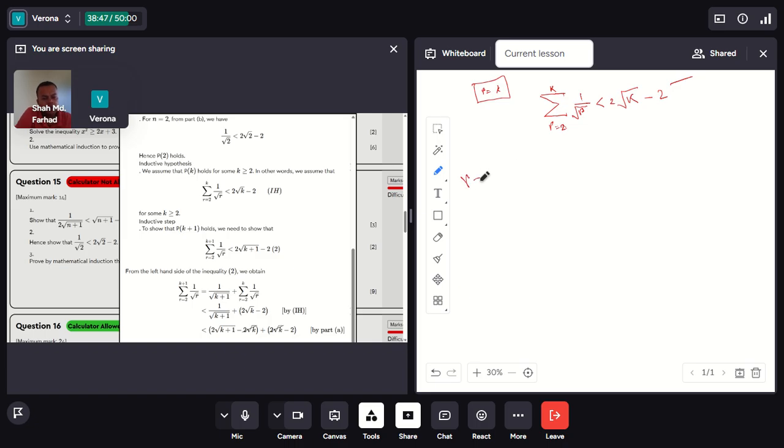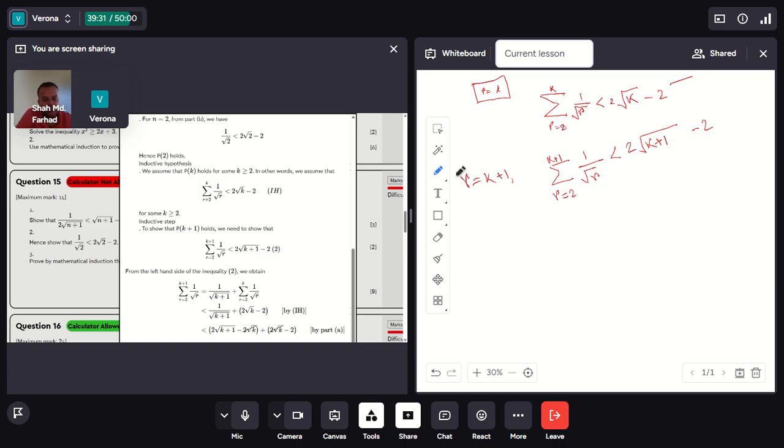Now if we put r equals to k plus 1, then we are getting summation r equals to 2 to k plus 1, and here 1 over root r, and that is less than 2 root k plus 1 minus 2.